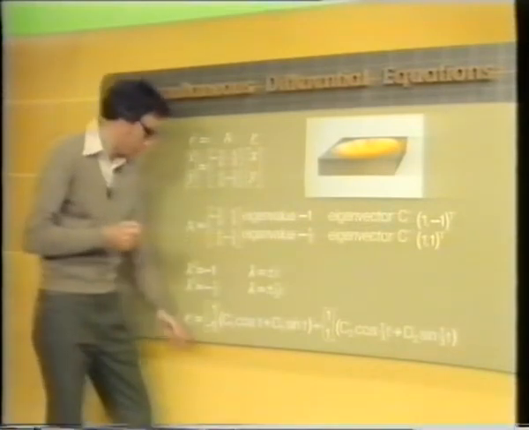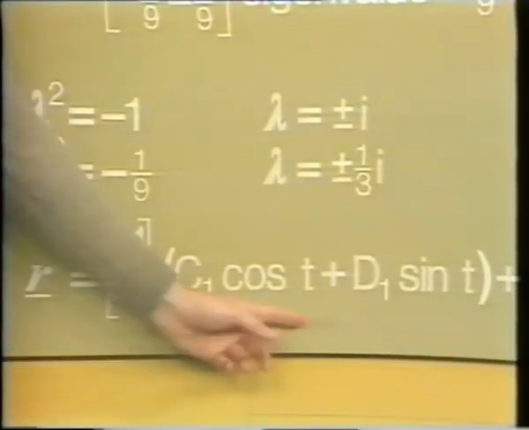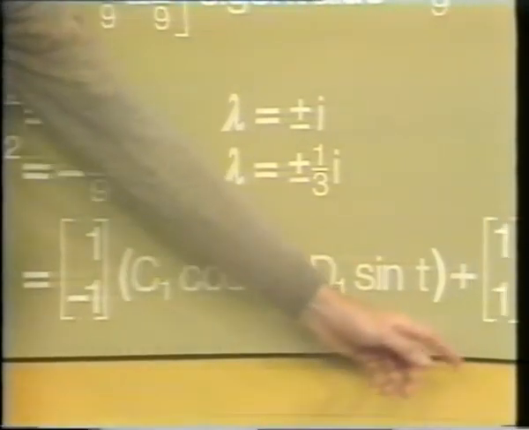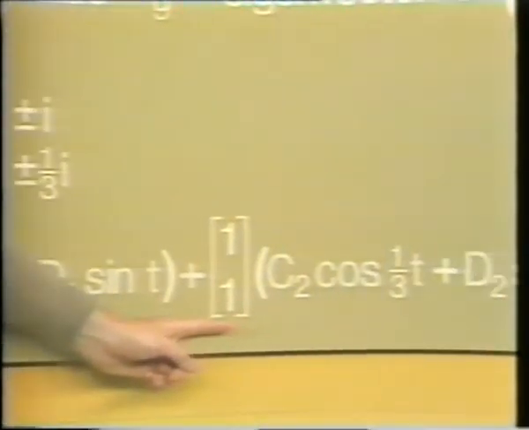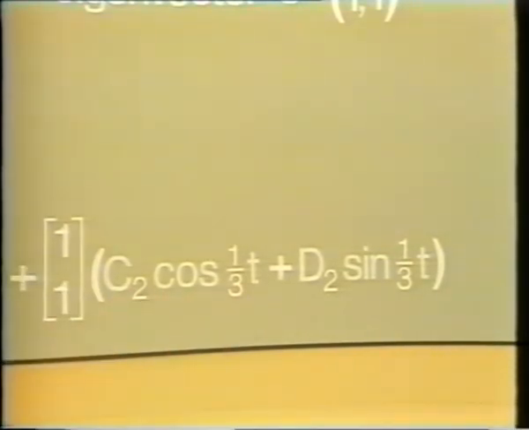You write down the eigenvector multiplied by a sinusoidal term that's determined by the eigenvalue. Here's the other term from the second eigenvector. There's the eigenvector, and the 1/3 here comes from the 1/3 i in the square root of the eigenvalue.